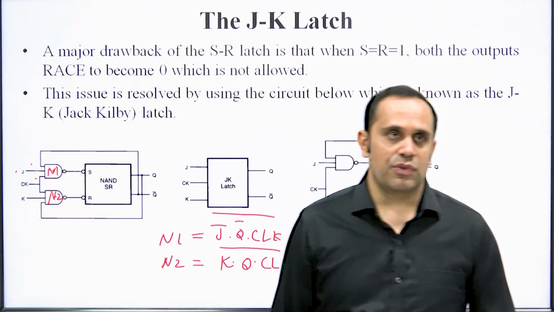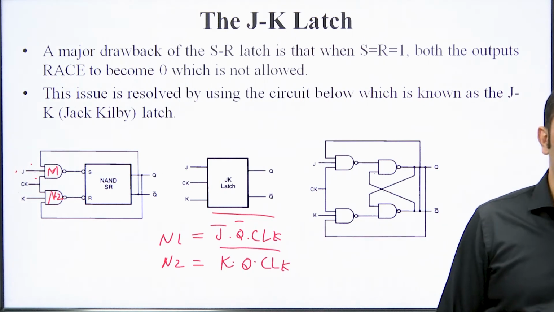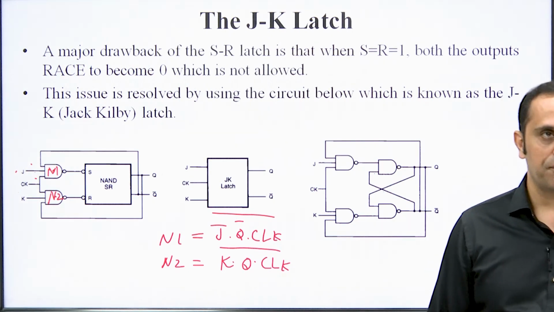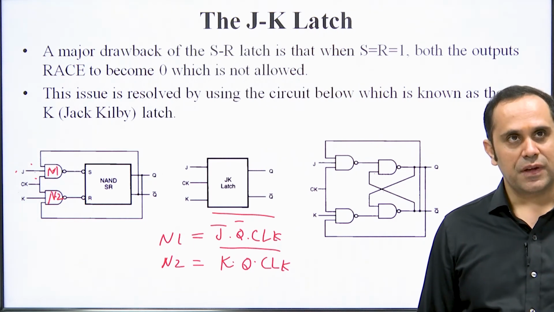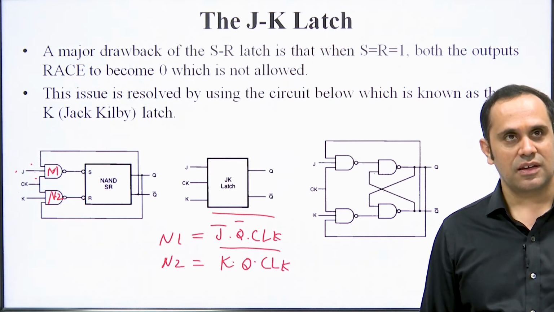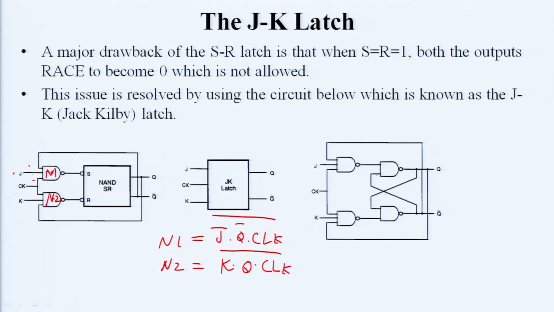When both J and K tend to be 1, the output keeps on toggling. That toggling oscillation keeps on going. In SR latch it was more of a race, here it is more of a toggling operation.